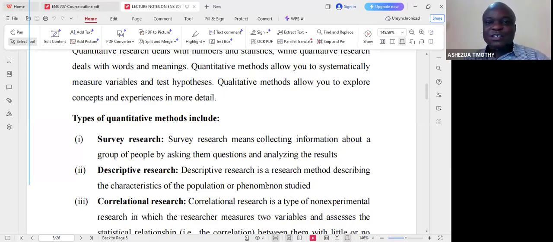So, survey research is collecting information about a group of people by asking them questions and analyzing the result. By the time you carry out your survey, when you sit with your group of colleagues that you are performing the research together, you look at the responses. If the majority says they have not known anything about COVID-19, that means people have to do a lot of work.